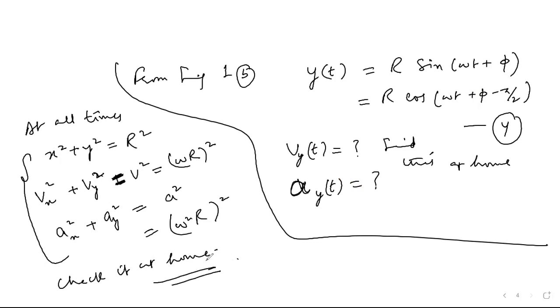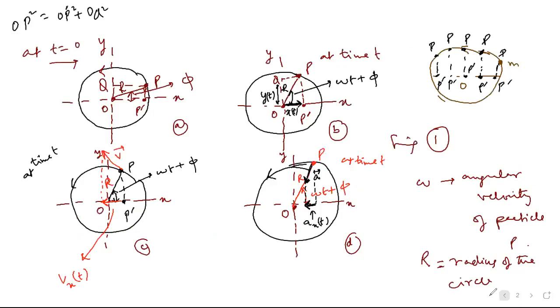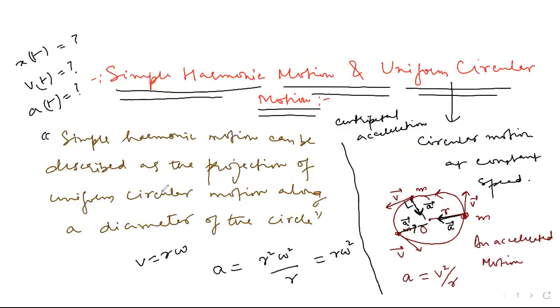So let us move now to the conclusion. We justified that simple harmonic motion can be described as the projection of uniform circular motion along a diameter of the circle. Note that the projection of uniform circular motion, as we said, along the y direction also gives simple harmonic motion, and the x direction gives simple harmonic motion.